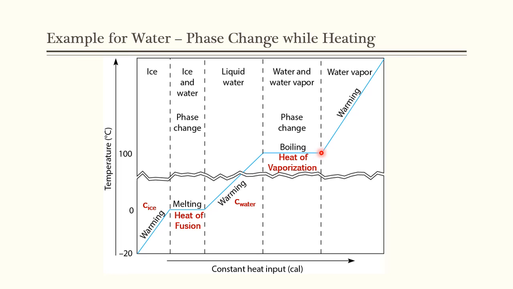And then at some point we hit this spot here and we've got all water vapor, and that water vapor is just warming, right? Now this is steam. This is the heat capacity of steam. So that's what governs this warming curve. So you could continue to heat up the steam or the vapor and increase the temperature that way.